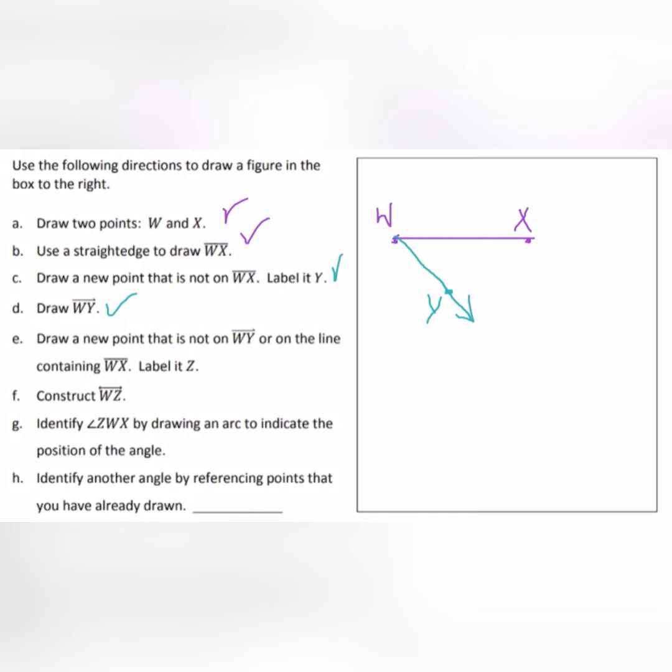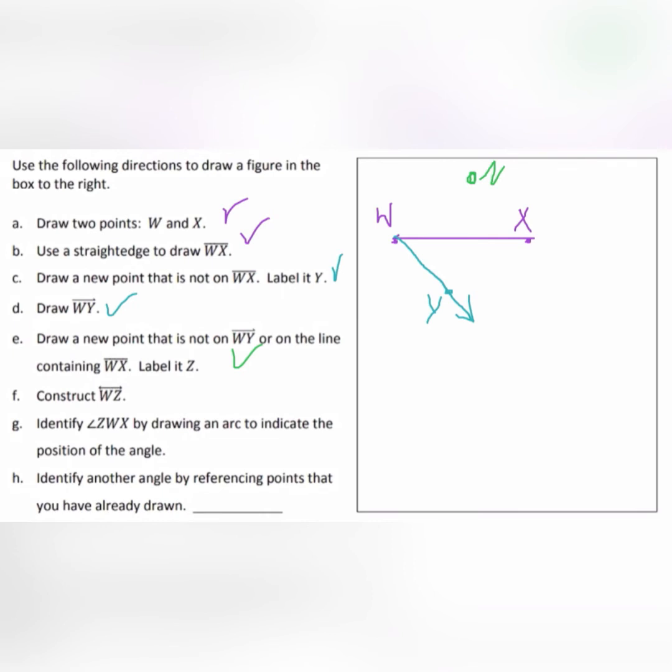Label it Z. So I'll create a new point, and we'll go over here, and this will be Z. Okay, so we finished letter E. We drew a new point. We labeled it Z.